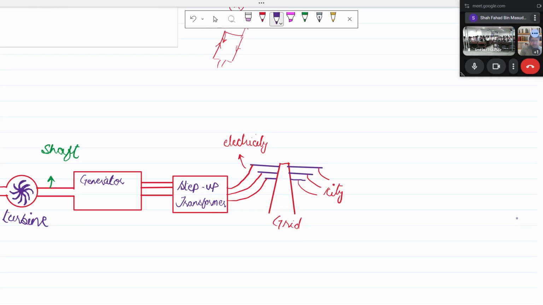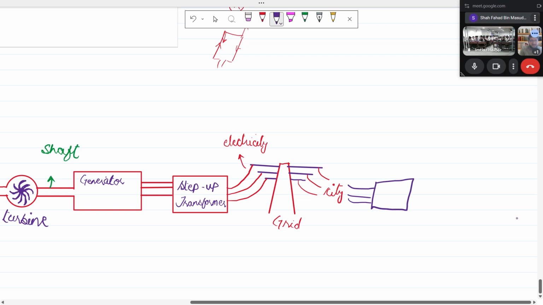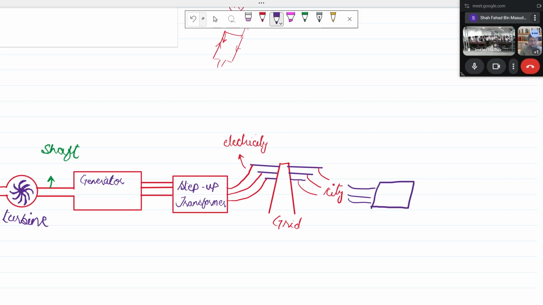Okay, now when this current enters your town, आपकी town में, it again enters into a transformer, which is the step-down transformer. So over here I just explained the whole process of how the electricity comes to your homes.